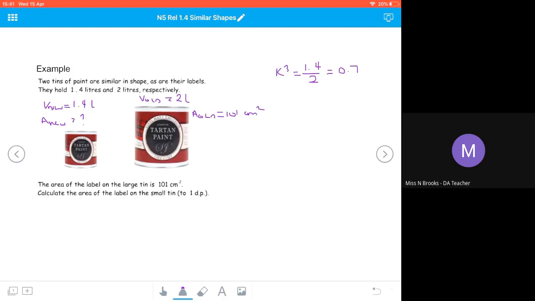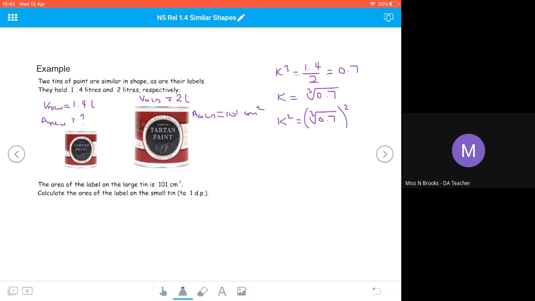Now, how do we get k? The inverse of cubing is cube rooting, so k is going to be the cube root of 0.7. And if we put that into our calculator, it will give us a decimal value. Don't round that decimal, use your answer button. But what we're actually looking for is k squared. So k squared is going to be the cube root of 0.7 all squared.